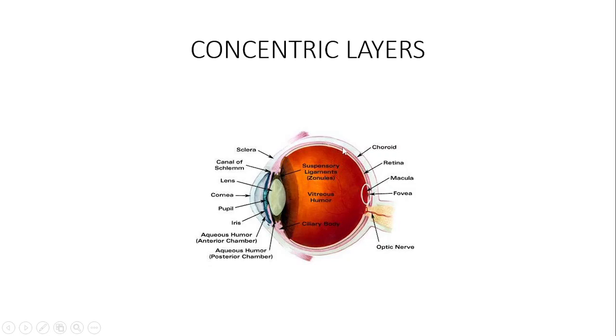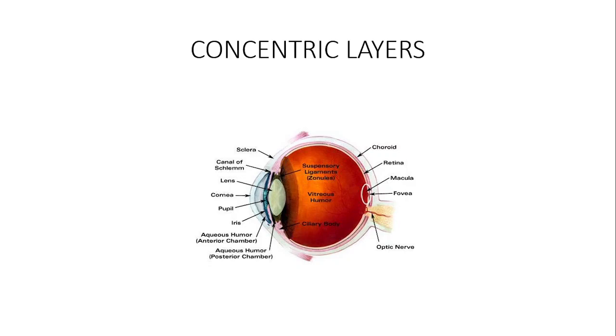And the most interior part of these concentric layers is known as what? The retina. What does the retina do? It is rich in photoreceptors. Photo and receptor. Photo because it captures light from the environment. Photo is light.